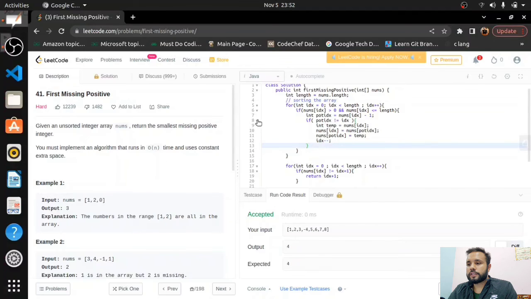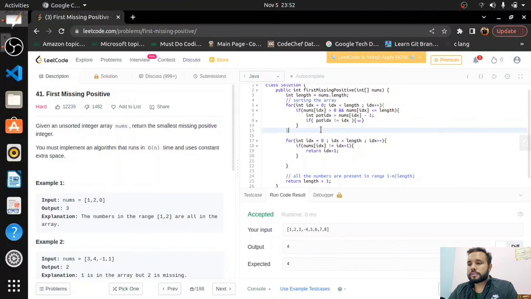This if condition is fine, we do not have to worry about this. Less than length or less than equal to length, this is also fine.